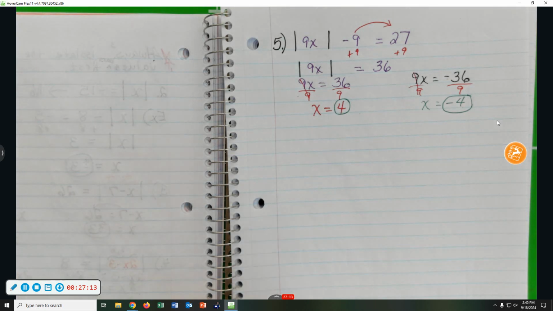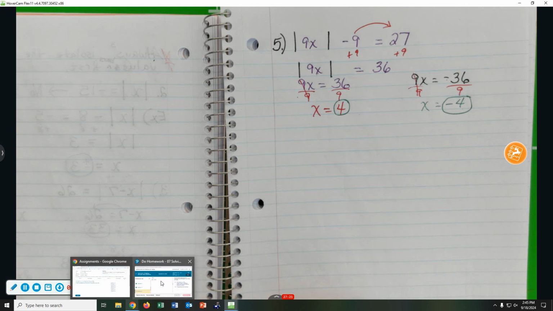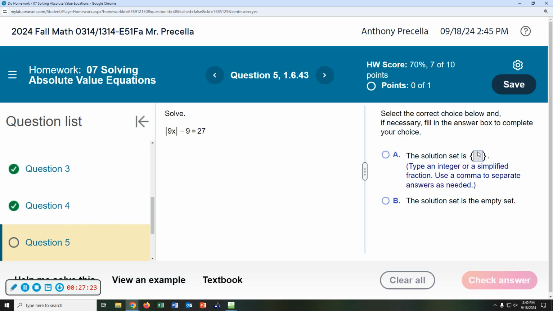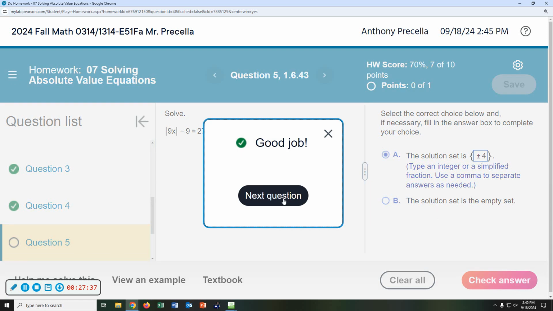So you can type them in separately, or if you want to use the plus minus key, that'll work too. Any questions on that? I think I'll type it with the hot button. But if the plus minus key isn't there, then we would have to type 4 comma negative 4. But as it is, we can just do it like that. Any questions?